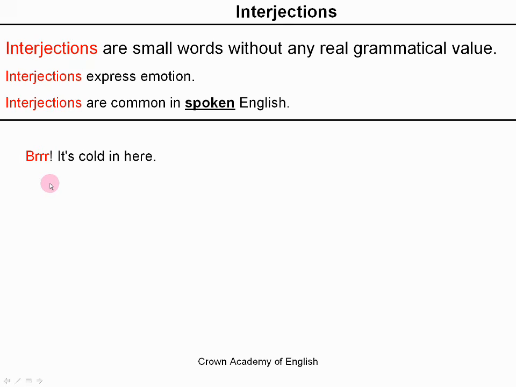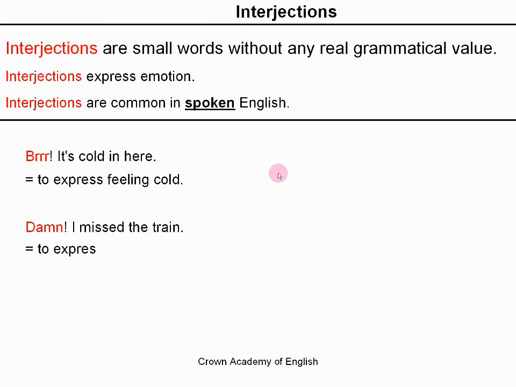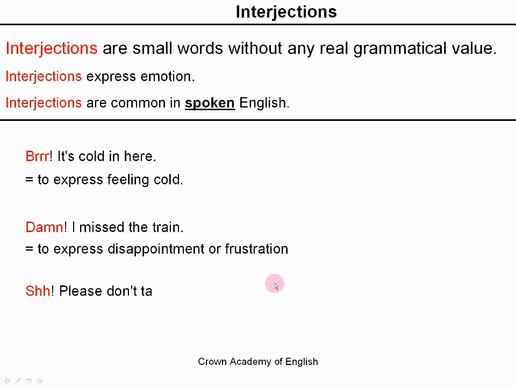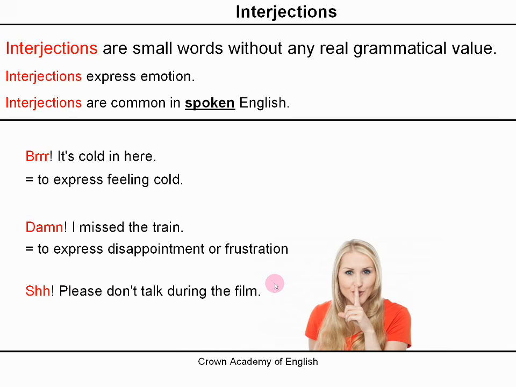So an example is, brr, it's cold in here. So brr is to express feeling cold. Damn, I missed the train. So damn expresses disappointment or frustration or maybe even anger. Shh, please don't talk during the film. So shh is when we ask people to be quiet.